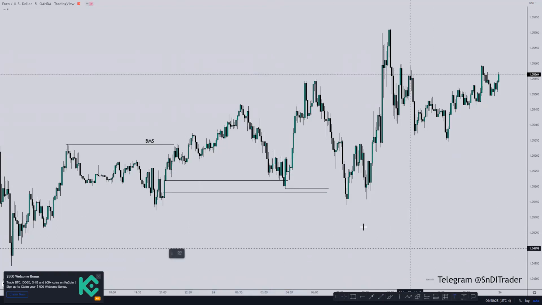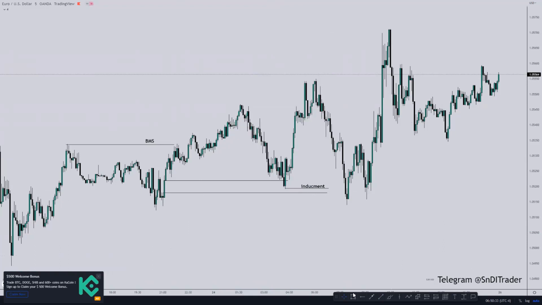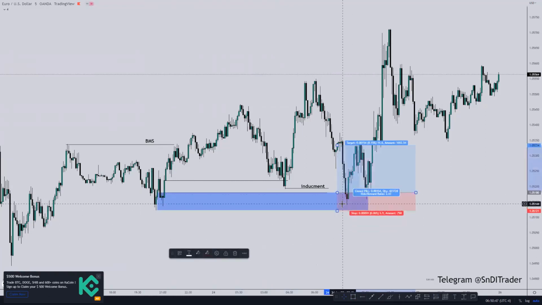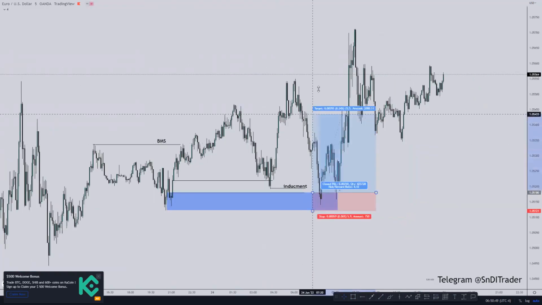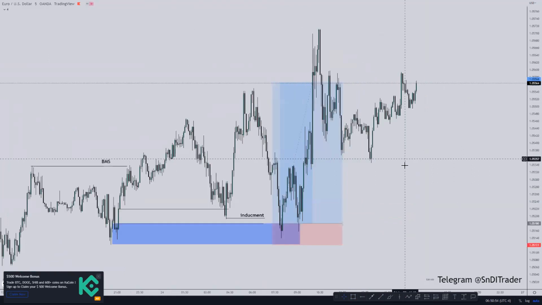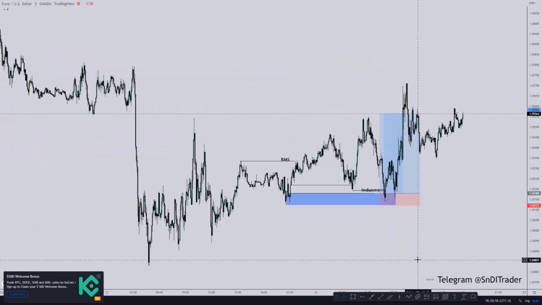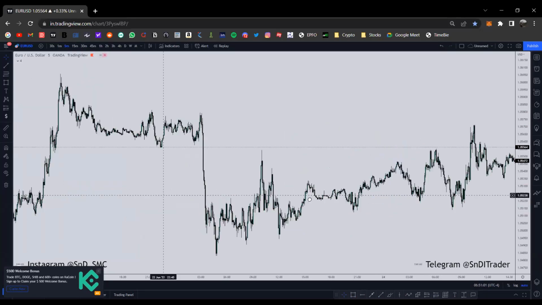So this low will be the inducement, and your point of interest will be this candle right here. We just put the limit order or entry in here, targeting the high. That is how these things work. This will be your inducement.